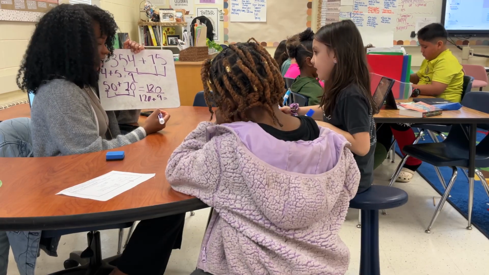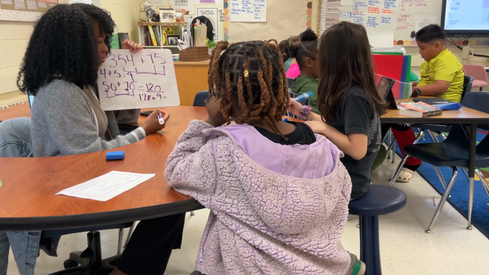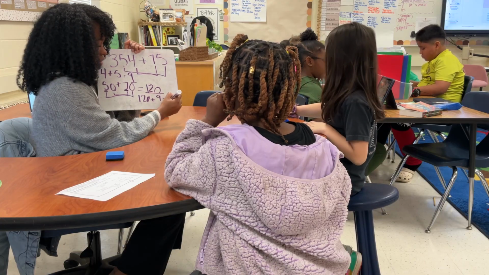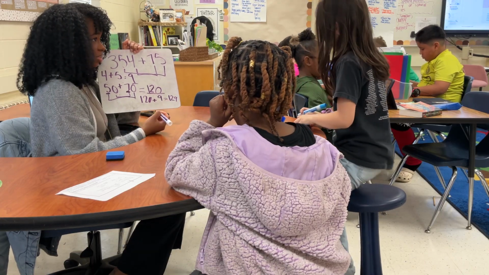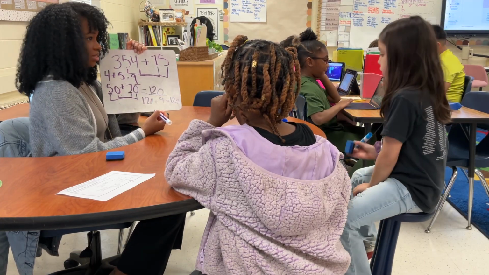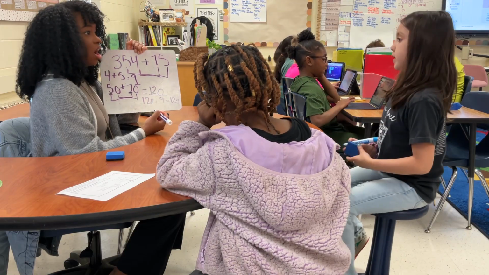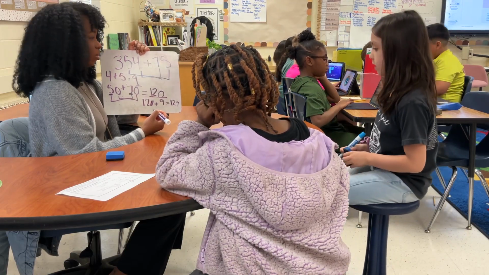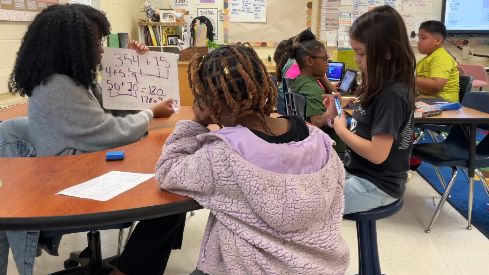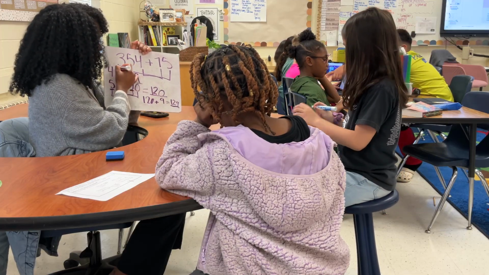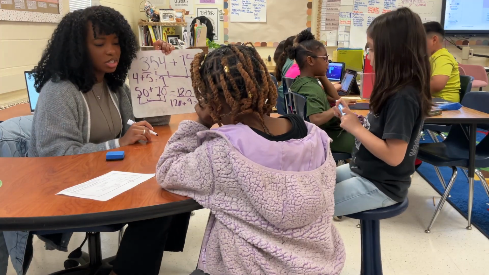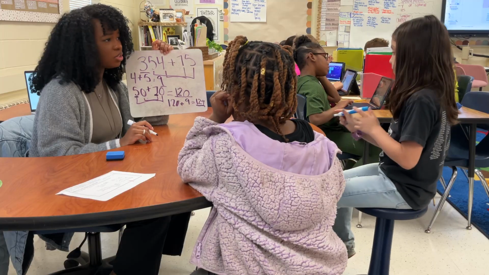Okay, how did you know that? Because if you add 20, that's 9. But then if you add 29, that's 100. That's 129. Great job. All right, so we have 129, but guess what? We forgot our lonely hundreds place.